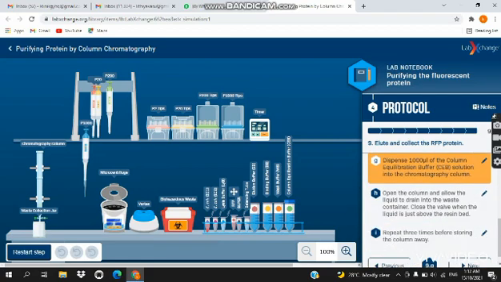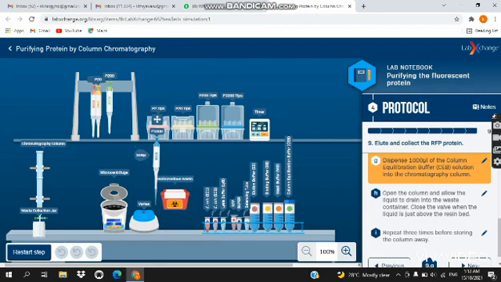And then dispense into the pushing bottle.